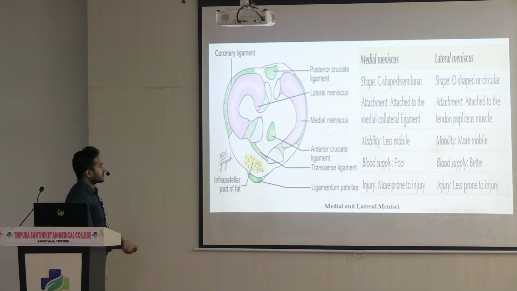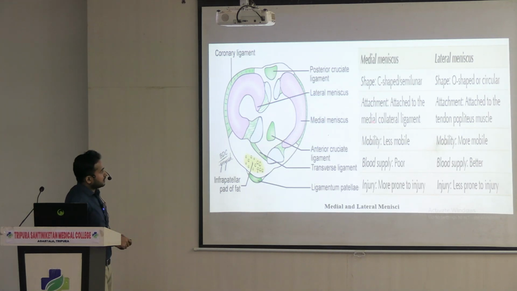ठीक है. Next, if you see the comparison between these two menisci. First of all, what is the shape of the medial meniscus? It is C-shaped or semilunar, as you can see in the diagram. Lateral meniscus, it is oval shaped, okay, or almost circular.